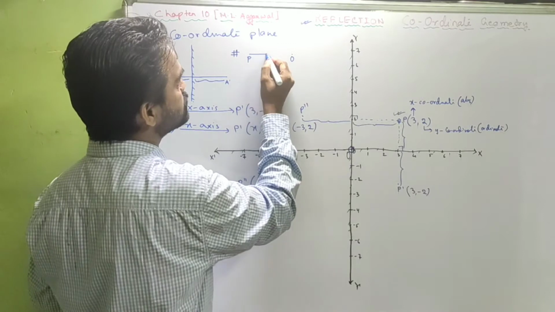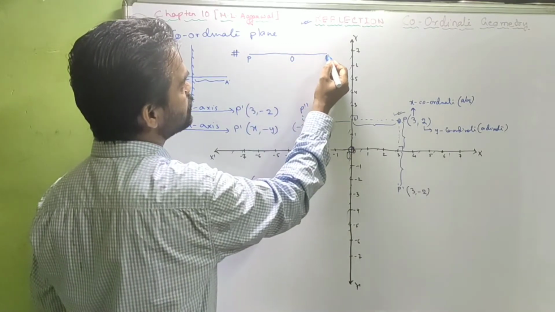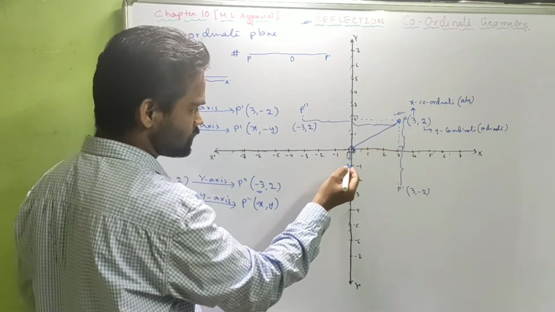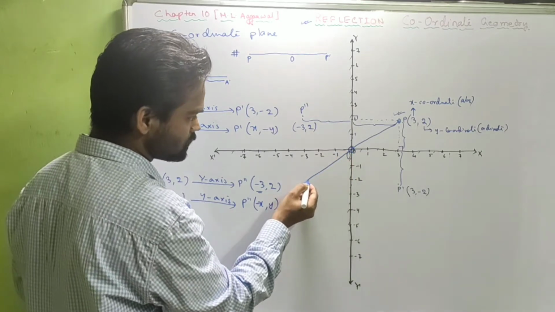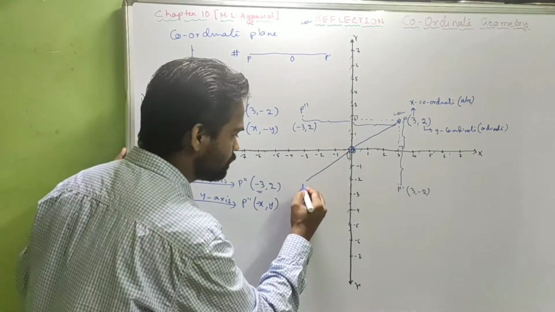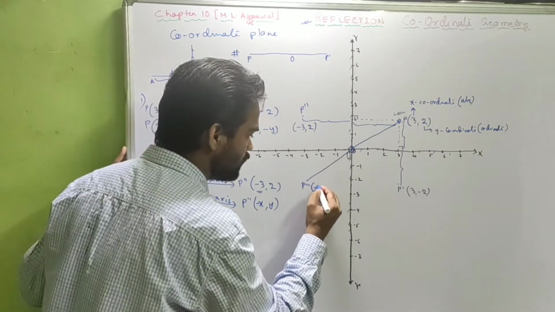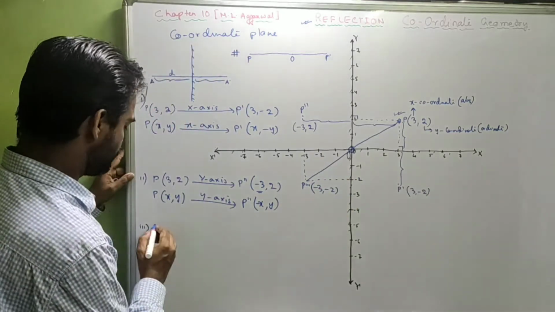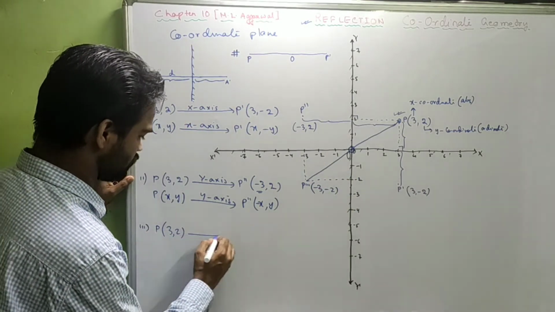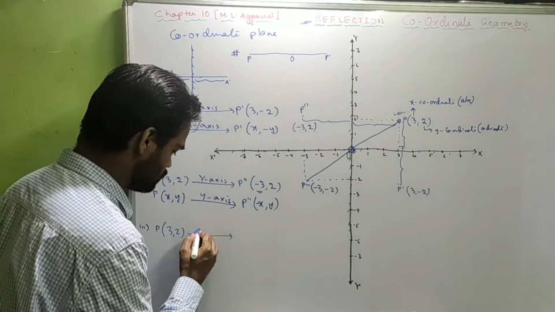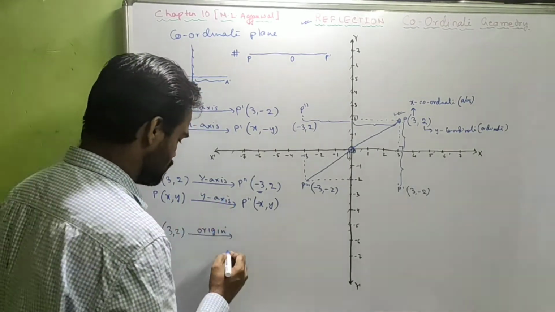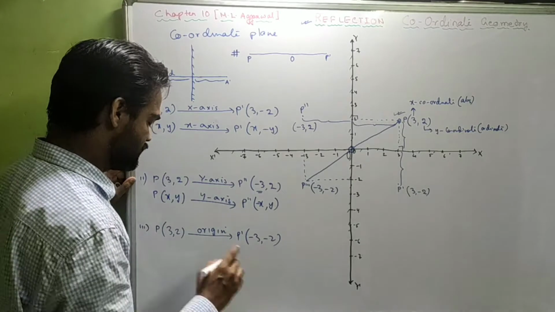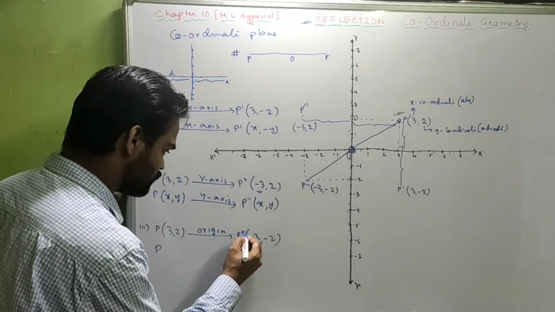This distance and this distance have to be the same. Same logic over here, so somewhere over here we'll get P triple dash (-3, -2). So if a point P (3, 2) is reflected in the origin, the sign of both x and y coordinates changes.